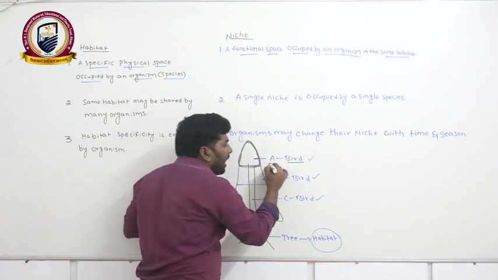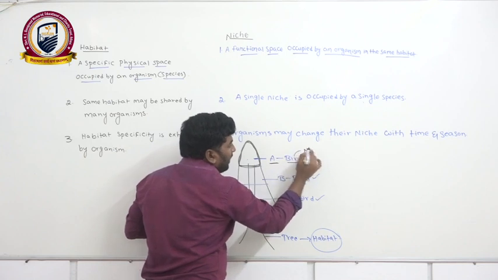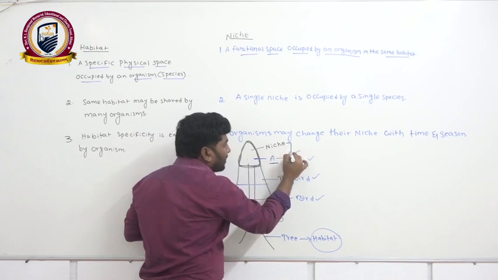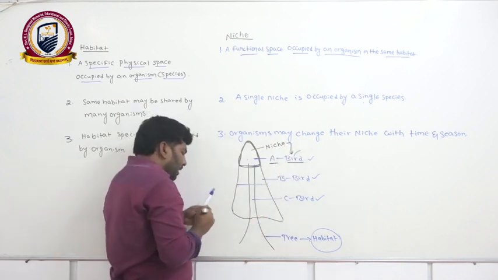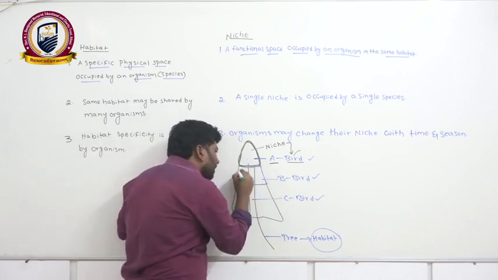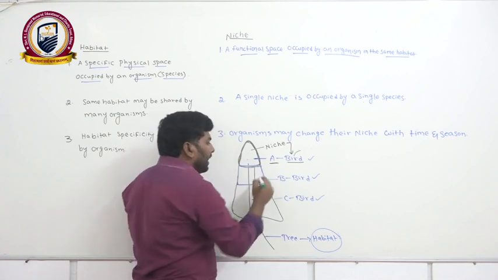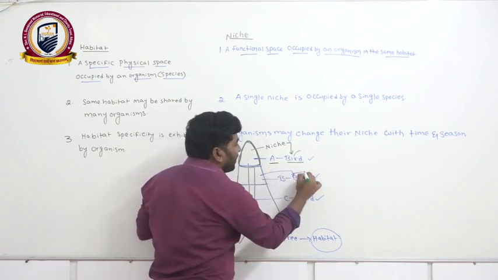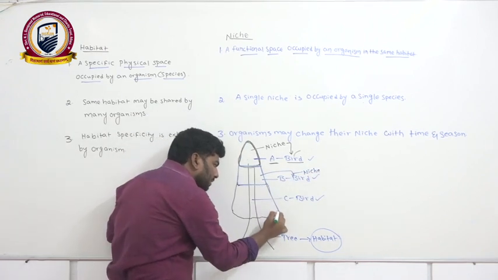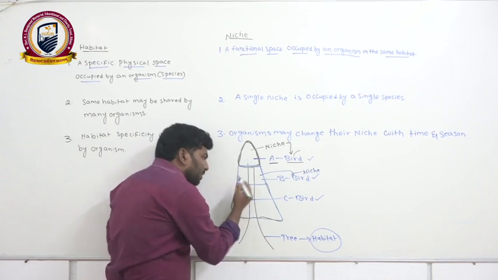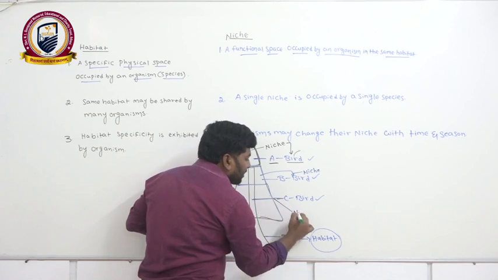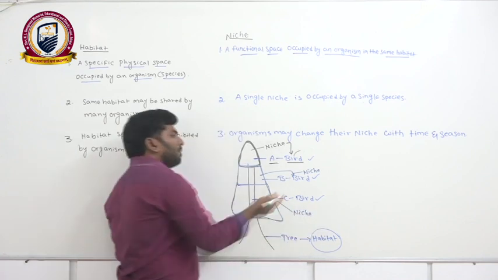This is the niche of the A birds. Similarly, this region is the niche of the B birds, and this place is the niche of the C birds.